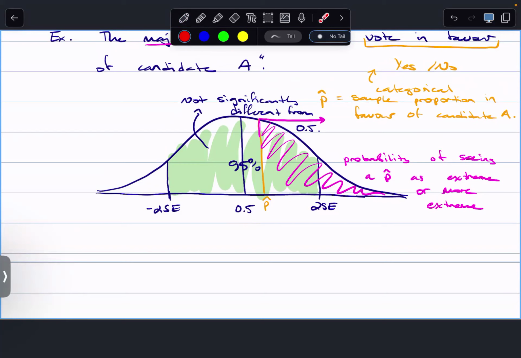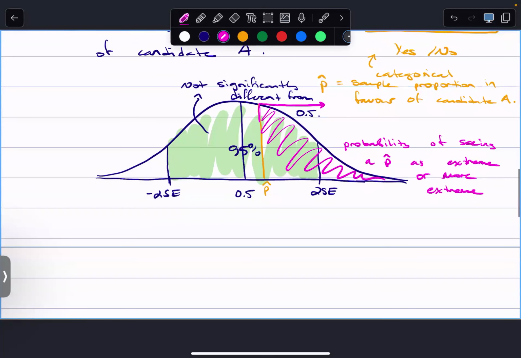curve, right? We know how to find probabilities associated with a normal distribution because we have the z-score, and we've done work with the normal distribution. And so I'm going to add here, it's a probability of seeing a p-hat as extreme or more extreme, assuming the population is centered on 0.5.